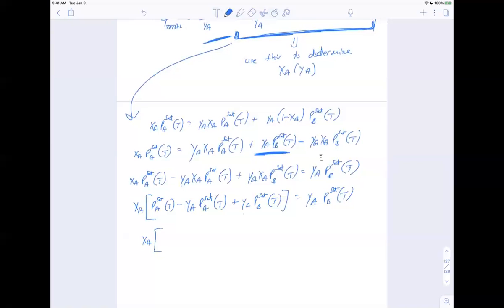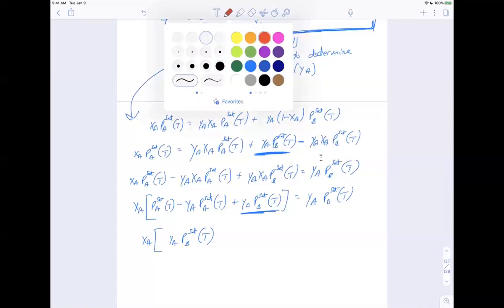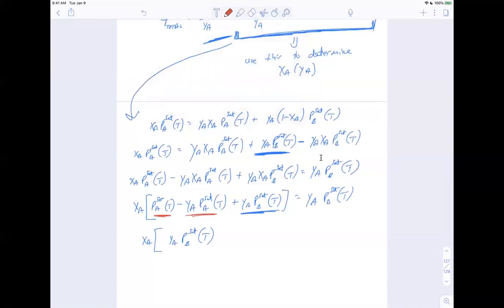So let's keep that one term here, which is ya times PB sat. This term and this term both have a PA sat, which we can factor out. Once we factor the PA sat out, we have 1 minus ya, which is just yb. So this will give us yb times PA sat, and that's equal to ya times PB sat of T.